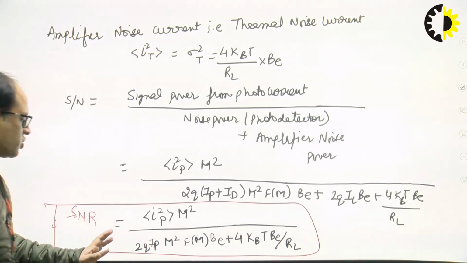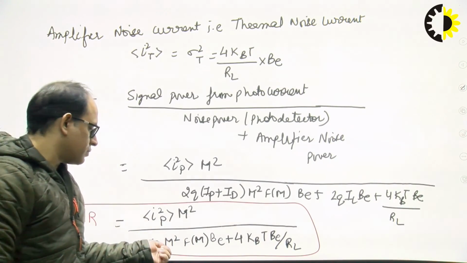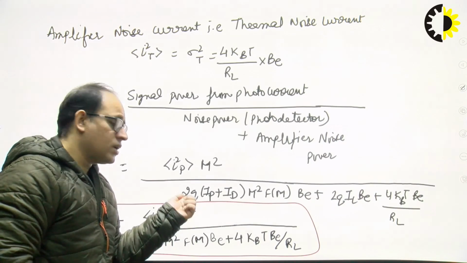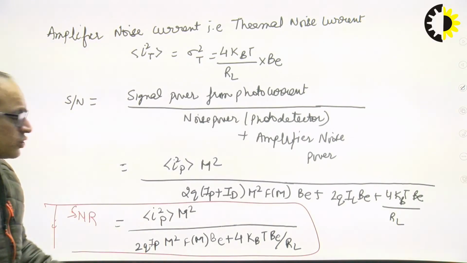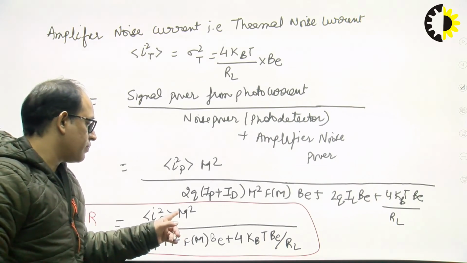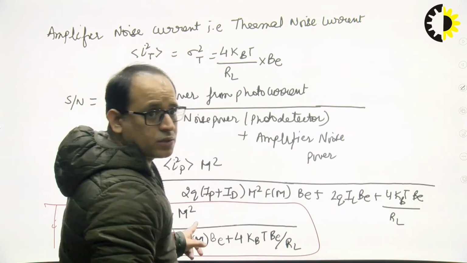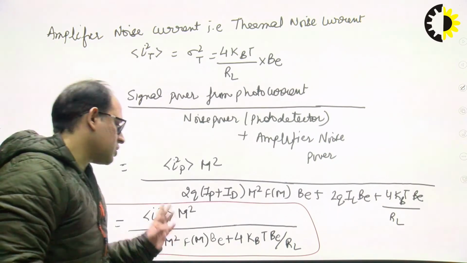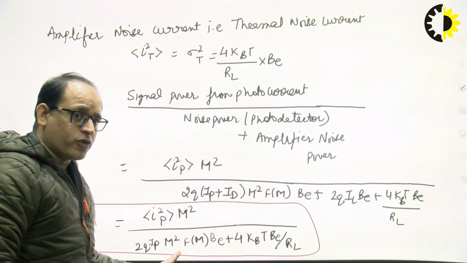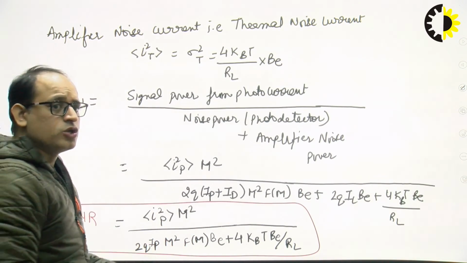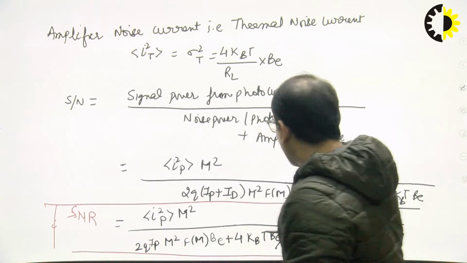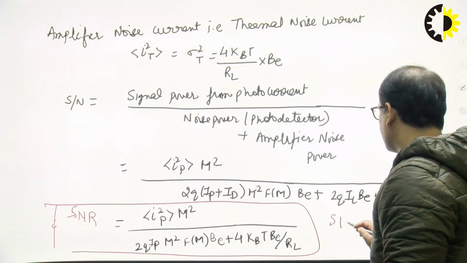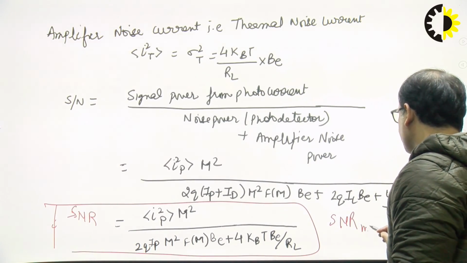I am saying that R_L has a very important role. So what should be the M value? Because M appears in the numerator and also in the denominator. If I put the value of M very large, the photodetector noise can also be greater. So M should be optimized to get the maximum SNR.